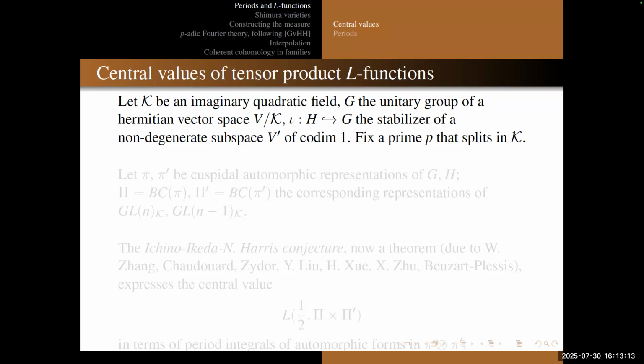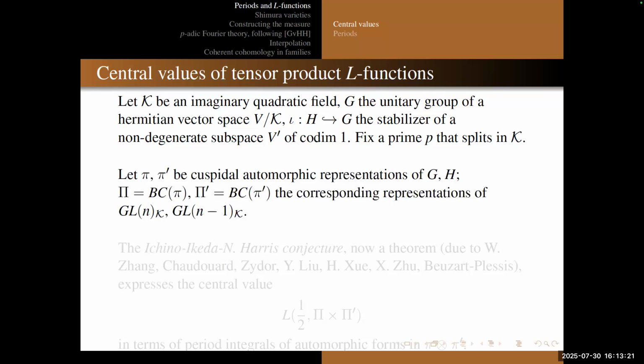So here, some notation. The unitary group G is U_N, and H is U_{N-1}. And we fix a prime that splits in this imaginary quadratic field. Lowercase pi and pi prime are the cuspidal automorphic representations of these unitary groups, and the objects for which the L functions are studied are the corresponding representations of GL_N over this imaginary quadratic field.